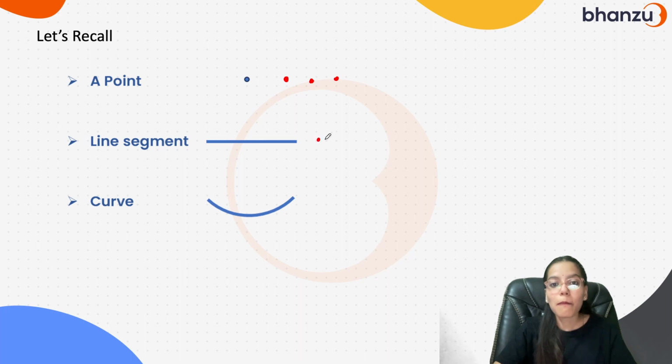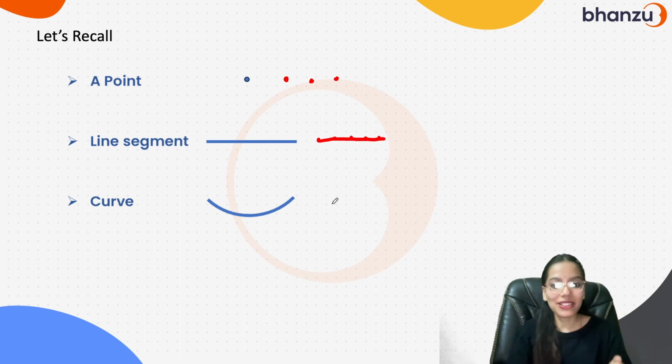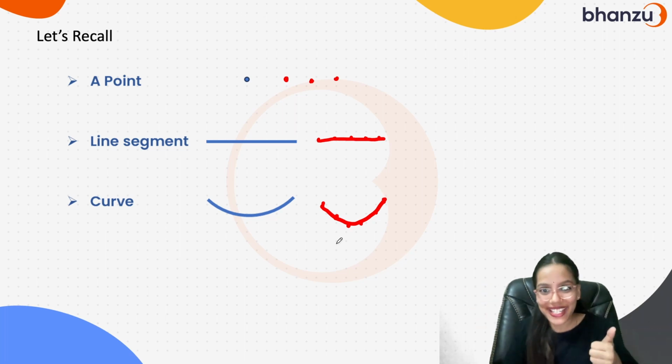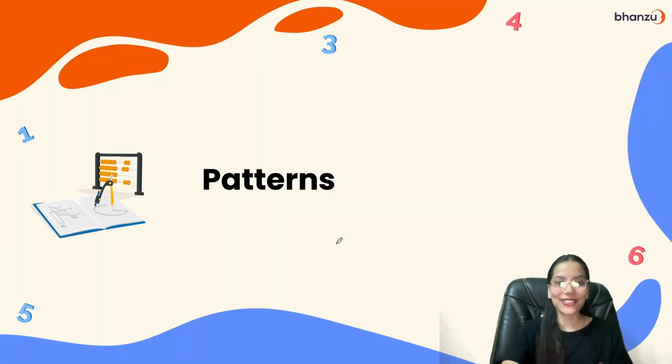When you put multiple points in a straight line and you join them, this becomes a line segment. And similarly, if the points are placed like this, that is not in a straight line, and you connect them, it becomes a curve. Is this easy? Amazing. So let us learn and understand the concept of patterns in today's session.